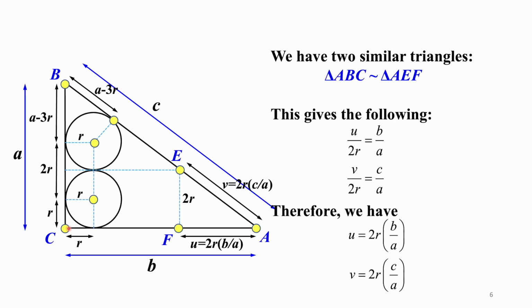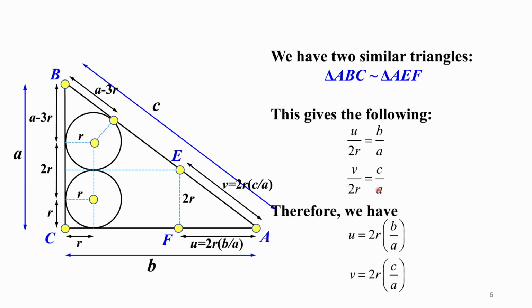Therefore, due to the property of similar triangles, we know U over 2R is equal to B over A. By the same reason, the similarity of triangle AEF and ABC provides us with V over 2R equal to C over A.